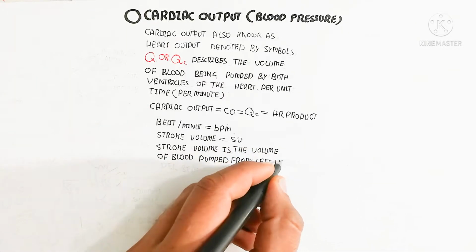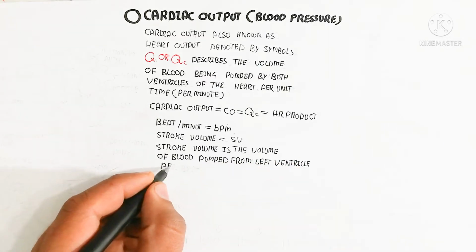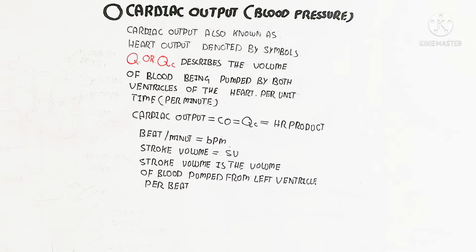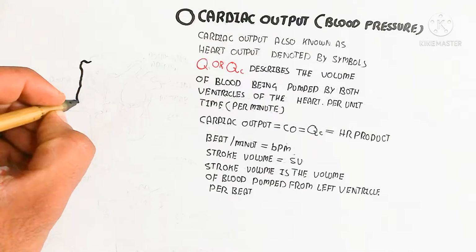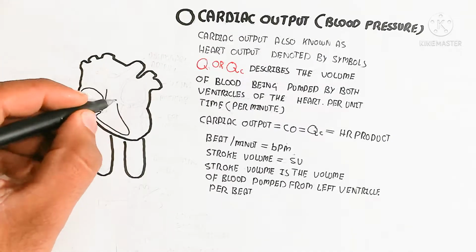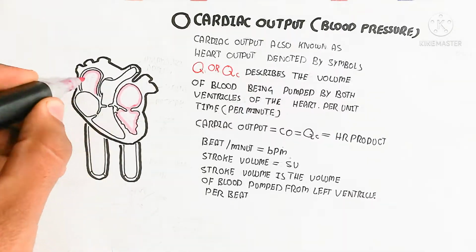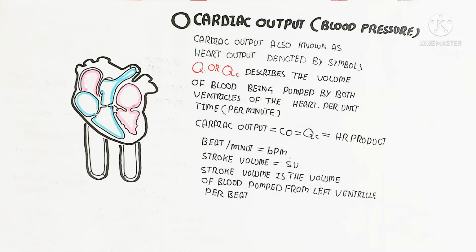What is stroke volume? Stroke volume is the volume of blood pumped from the left ventricle per beat. So per ejection of the blood is known as the stroke volume. The bigger heart will produce more stroke volume. This is important, you need to understand.